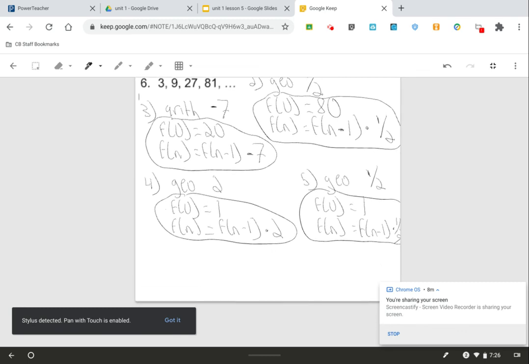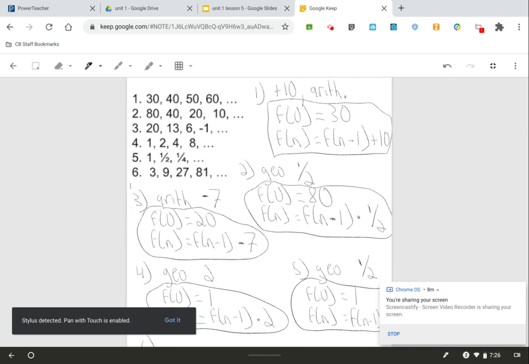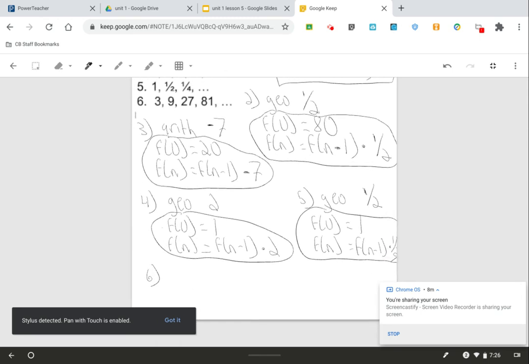All right, let's finish it off with number 6. It looks like we're tripling, so this is a geometric sequence, and our common ratio is 3, because 3 times 3 is 9, 9 times 3 is 27, 27 times 3 is 81.